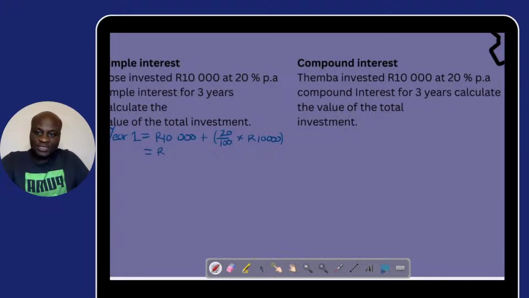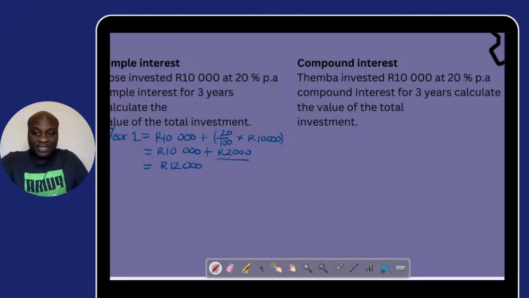We bring the borrowed amount plus 20% of 10,000, which is equal to 2,000. If we add that together, it's going to give us 12,000. Now, I want you to notice that this is simple interest and our interest is 2,000.